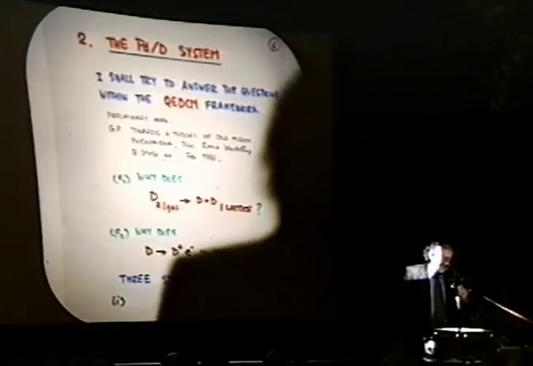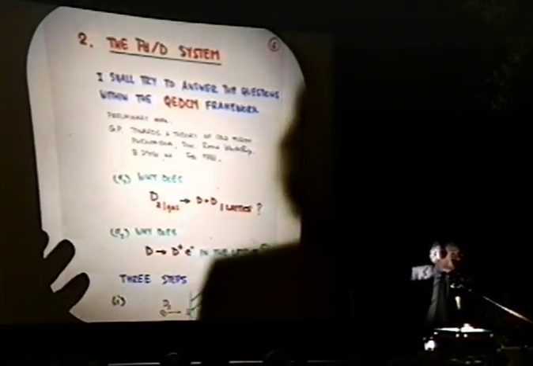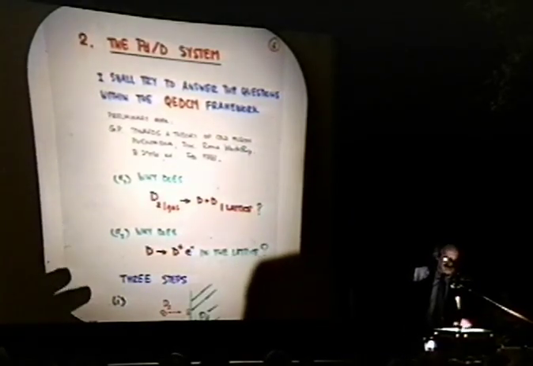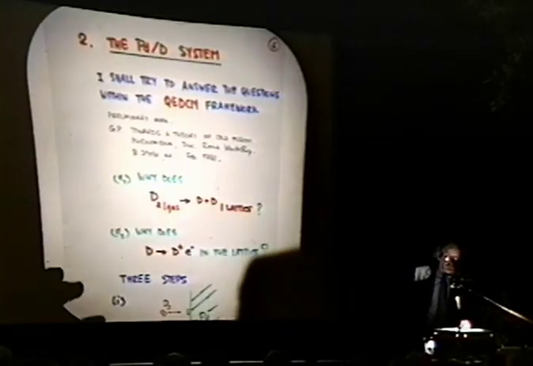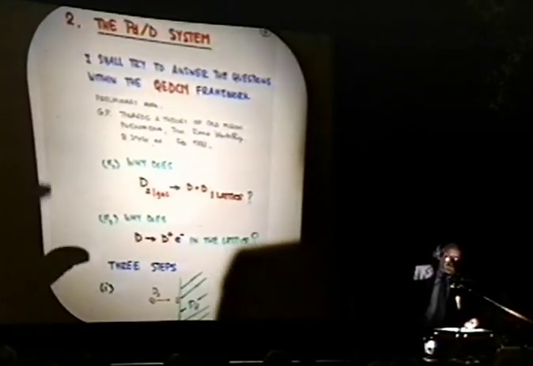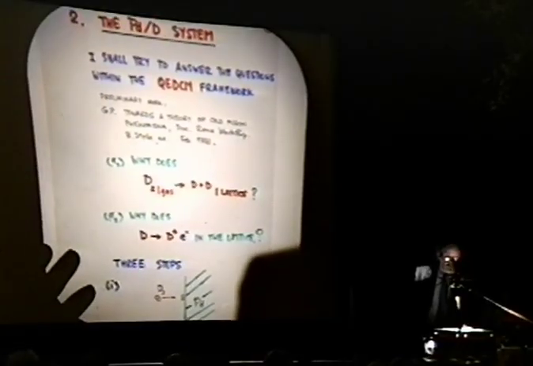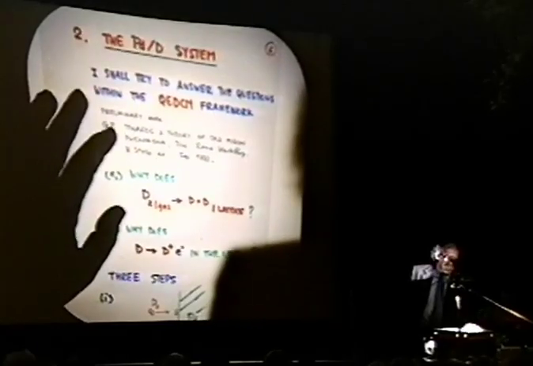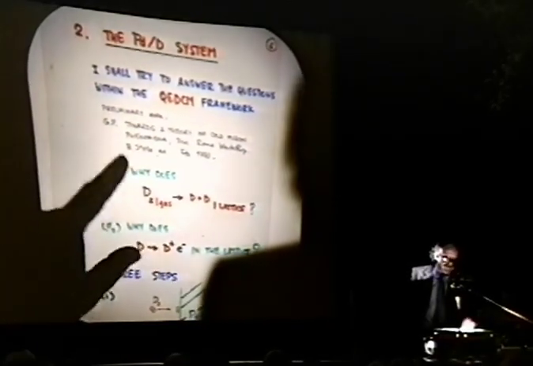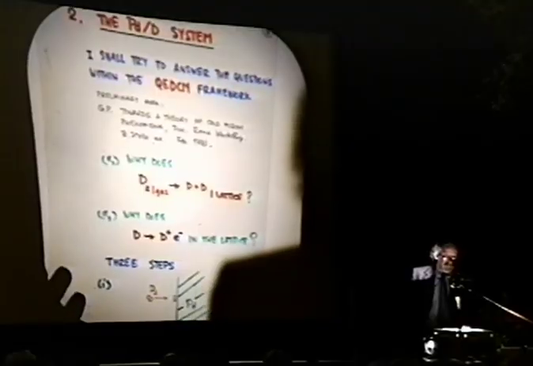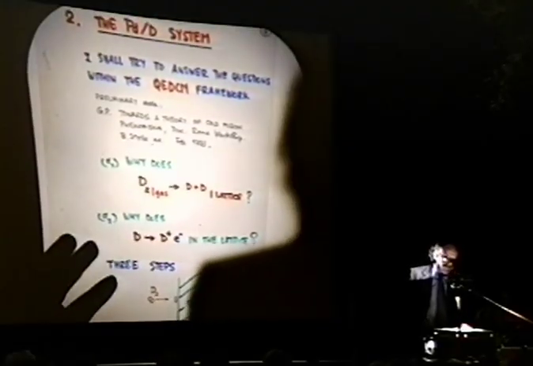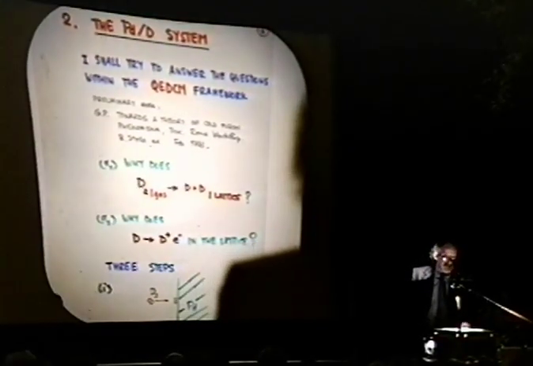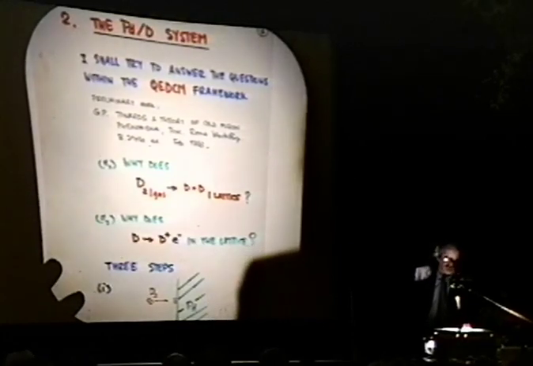So, as I told you, I shall try to answer the questions which I posed, the two types, alpha and beta, within the quantum electrodynamics coherence condensed matter framework, and some of these ideas have been dealt with in this paper, which has been published in the proceedings of the Rome workshop in February 1993.